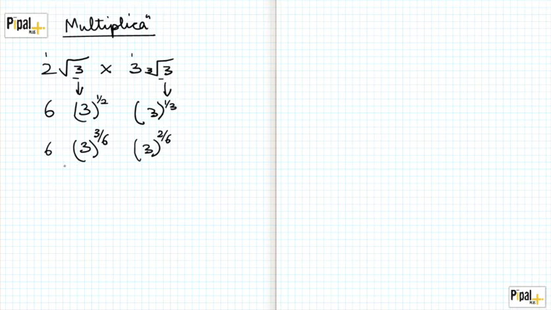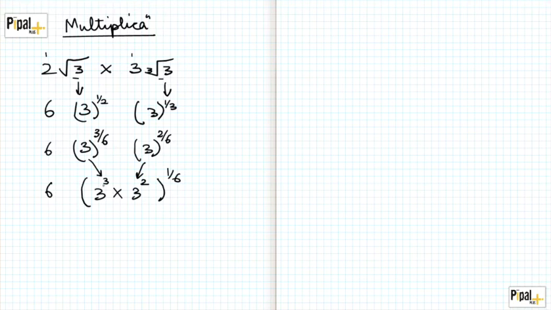Now what I get is the sixth root of 3 to the power 3 multiplied by 3 squared, right? So what I've done is I've taken the 1 by 6 outside, right?